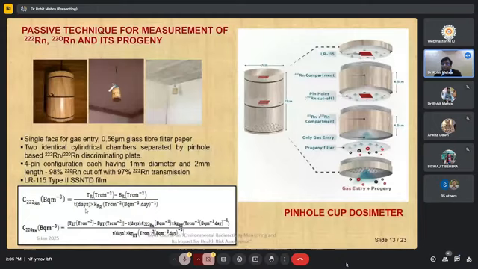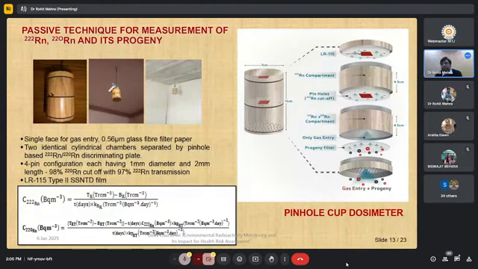So in the lower compartment there is the radon plus thoron concentration, and in the upper compartment there is only the radon concentration. If you subtract the radon concentration from the radon plus thoron concentration, you are left with the thoron concentration. That is why these 2 detectors have been provided.